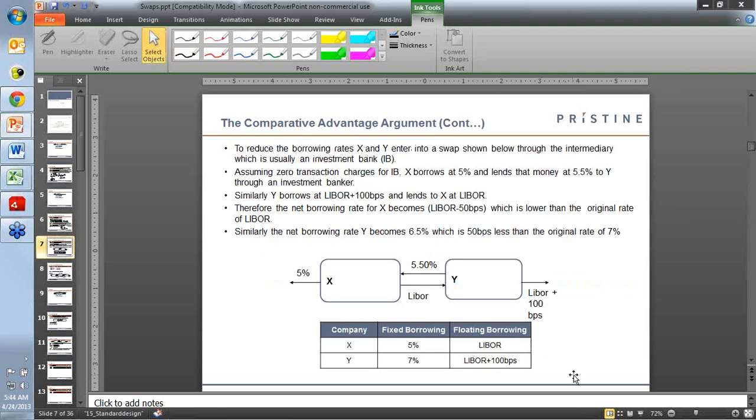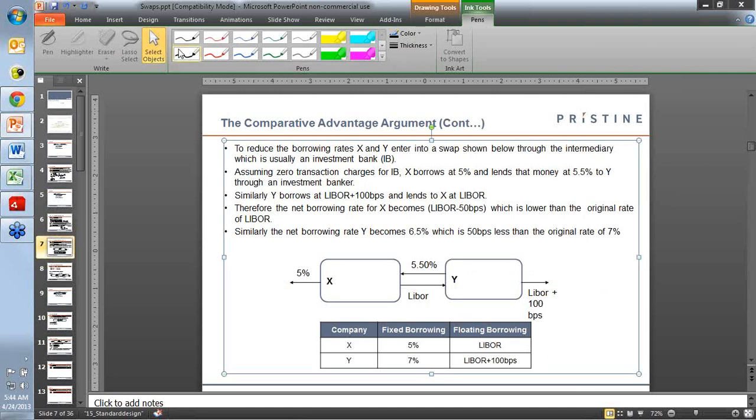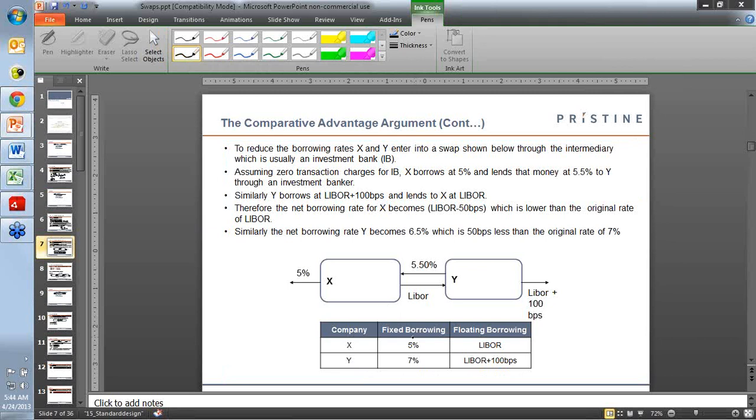So what would happen in this case? We already know that in this case X will take a fixed borrowing rate loan at 5% and Y will take a floating borrowing loan at LIBOR plus 1%.